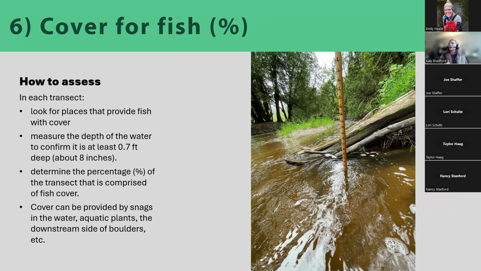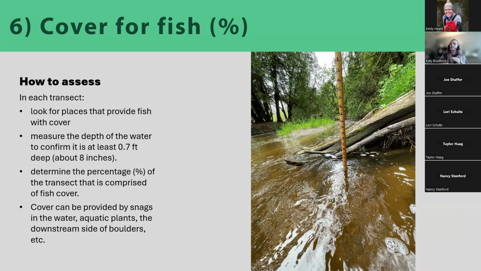Okay, number 6, cover for fish. I don't have a why-this-is-important slide because I think this one is pretty self-explanatory. Fish need places to hide, to rest, to hunt for prey. And what they need are places in aquatic plants, under tree snags in the water, under undercut banks or lunker structures, behind boulders, where the water is at least 8 inches deep or 0.7 feet deep.